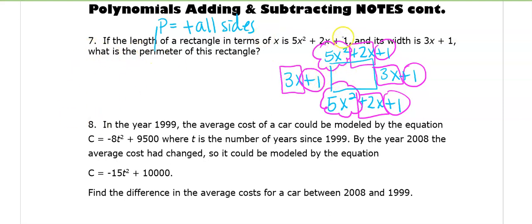So I'm going to put these two together. 5 and 5 is 10x squared. So this is just combining like terms. Plus 3, 4, 5, 6, 7, 8, 9, 10x plus 4. So I've just combined them together. That is all I have done.